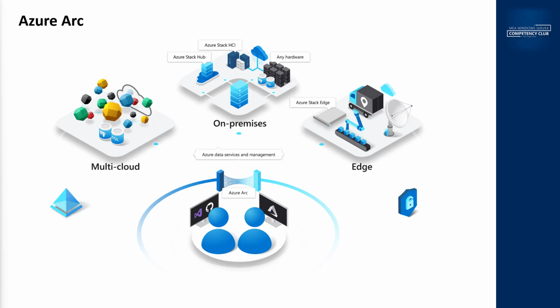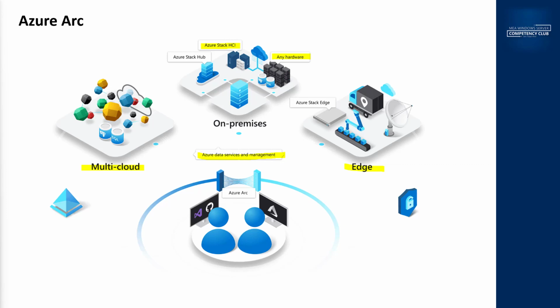So Azure Arc can be used for services we are running in Azure, in other clouds, at the edge, and on any hardware, for Windows Server or for Azure Stack HCI systems. The great thing about Azure Arc is that we can use it to manage these target systems from a central point from the Windows Admin Center.